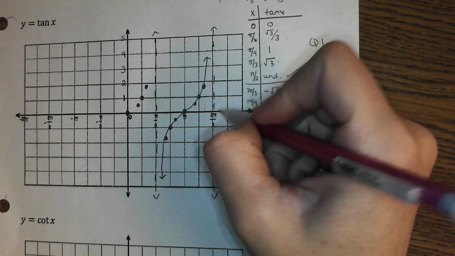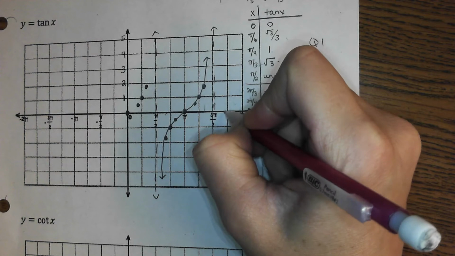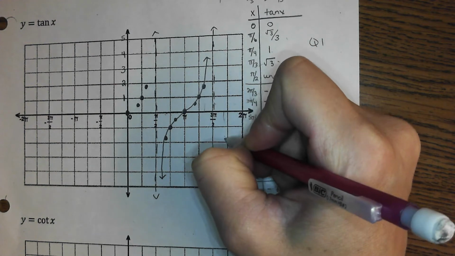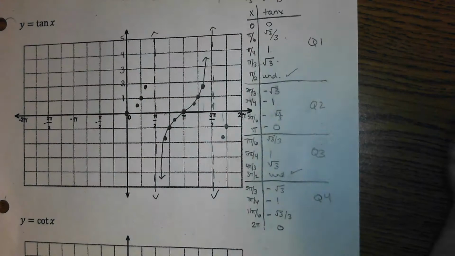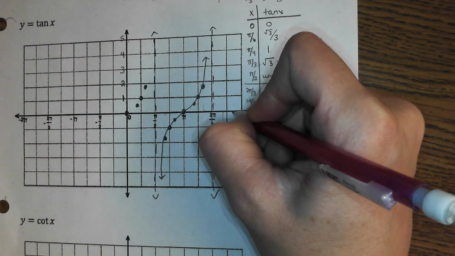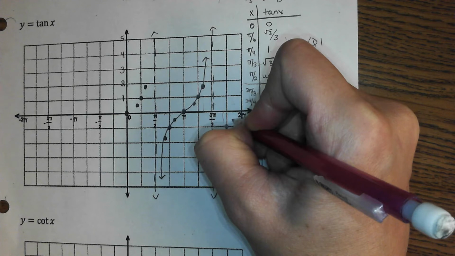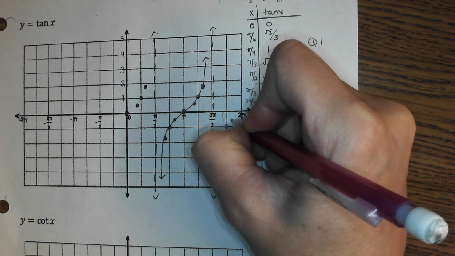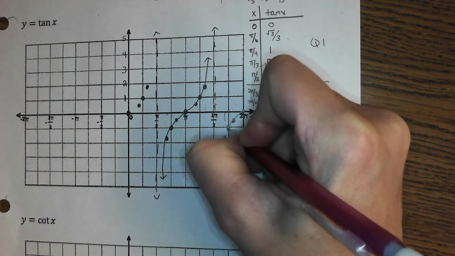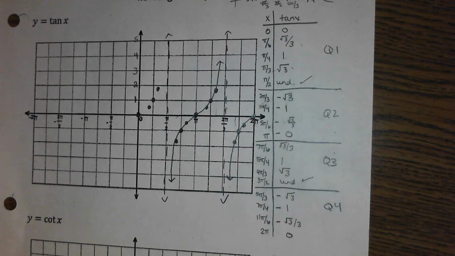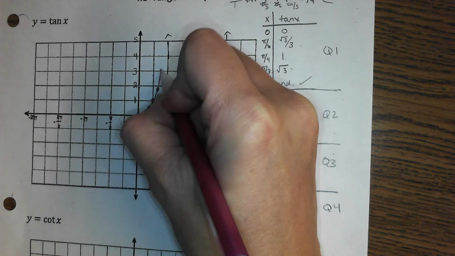And then to finish it off on this side, 5 pi over 3 negative root 3. Negative 1. Negative root 3 over 3. And then 2 pi is 0 again. So that does that. And this does that.